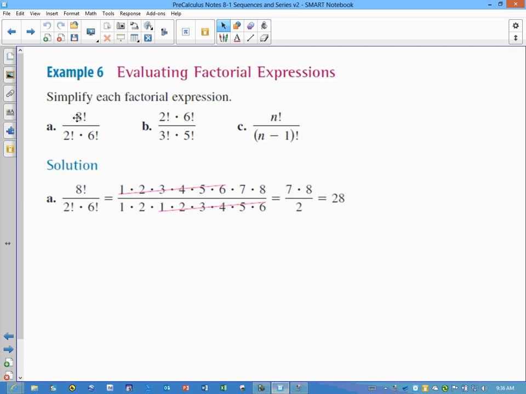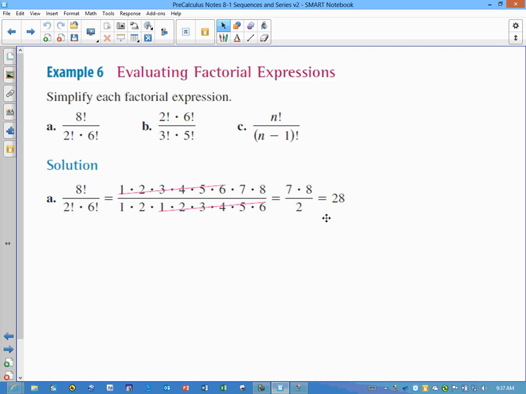For example, here, 8 factorial is 1 times 2 times 3 times 4, etc., all the way up to 8. 2 factorial is 1 times 2, 6 factorial is 1 times 2 times 3 times 4 times 5 times 6. And then you cancel out whatever you cancel out. 1 through 6 cancels out with 1 through 6. And then the 2 goes into the 8 4 times. So 7 times 4 would be 28. So that would be one way to do it.